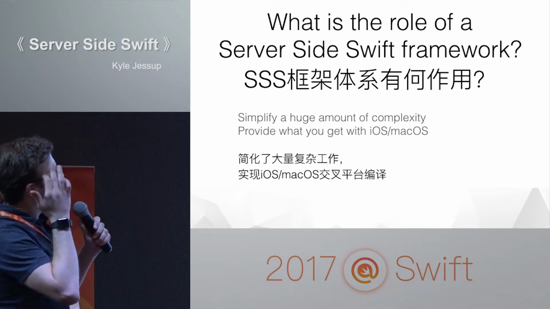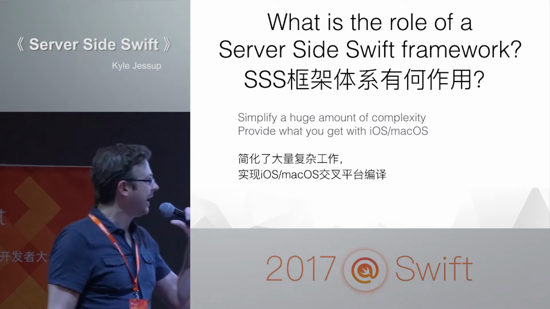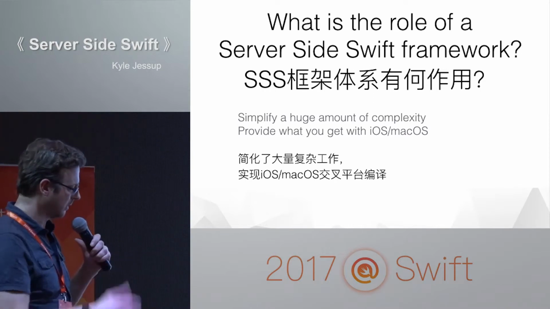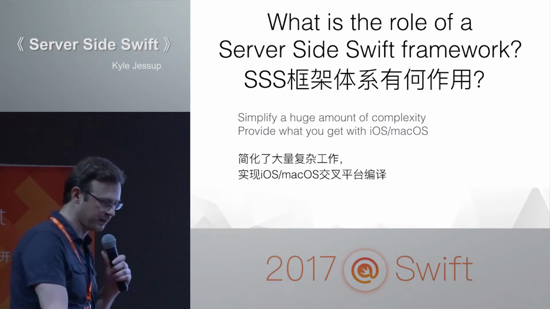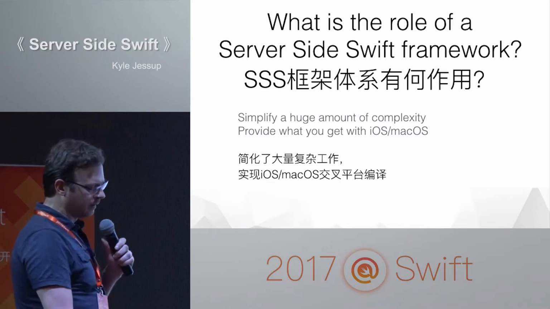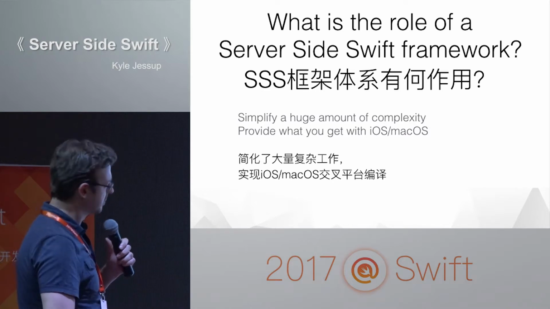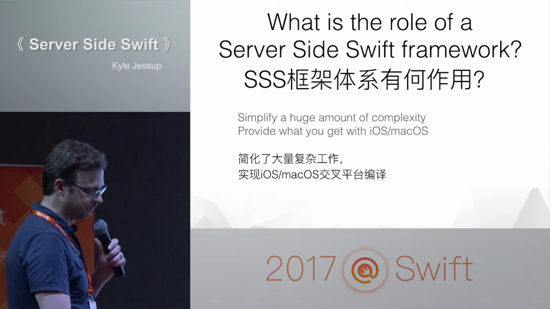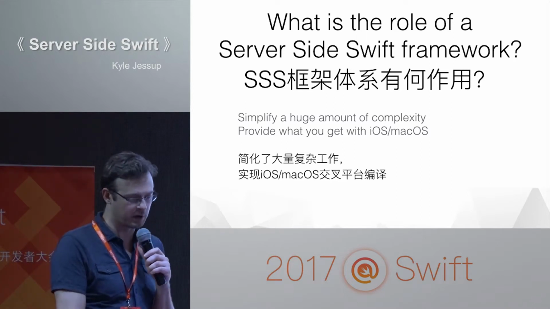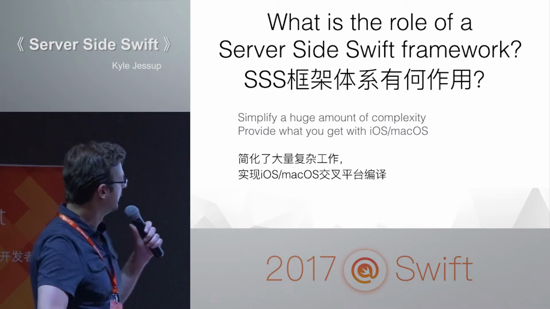So, as I mentioned before, I'm here on behalf of Perfect, and it is a server-side Swift framework. So, what does that mean? The goal of a server-side Swift framework is just to make things far more simple. There's a huge amount of complexity in a server and handling requests and giving them responses, and our job, and any server-side Swift developer's or framework developer's job, is to hide all that from you, just to make it as simple as possible.